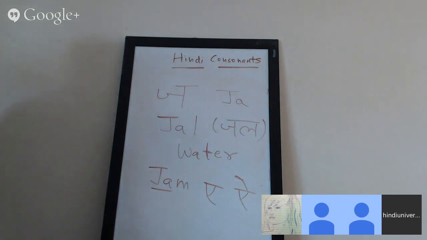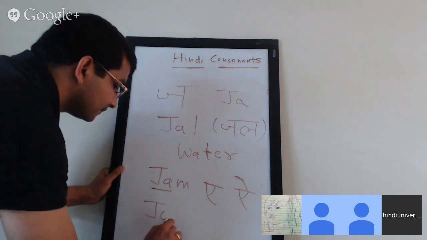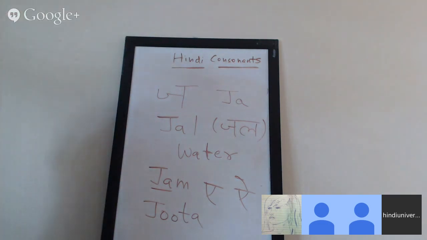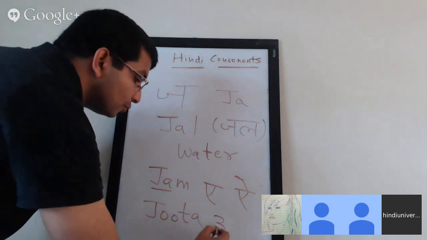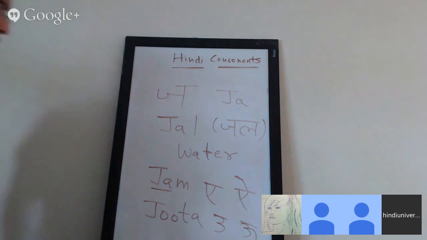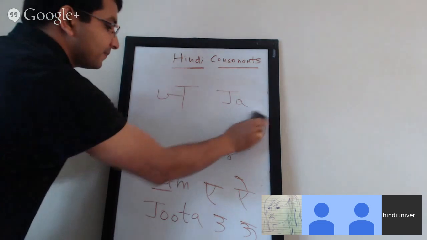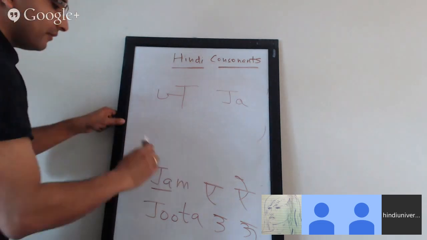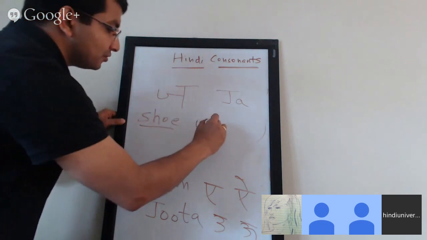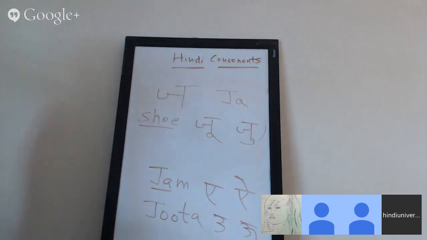Jam. Second variation is juta. Juta. Okay. We learned two oo and oo, right? So basically, when you're writing juta, which is shoe, are you using this oo or the other oo?